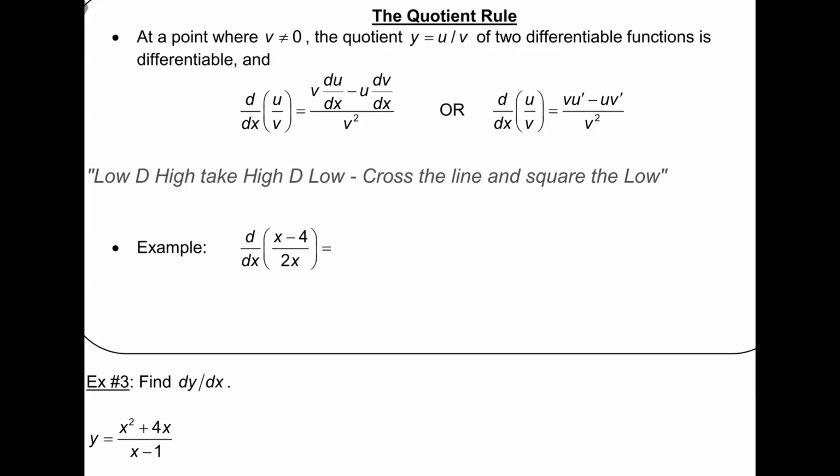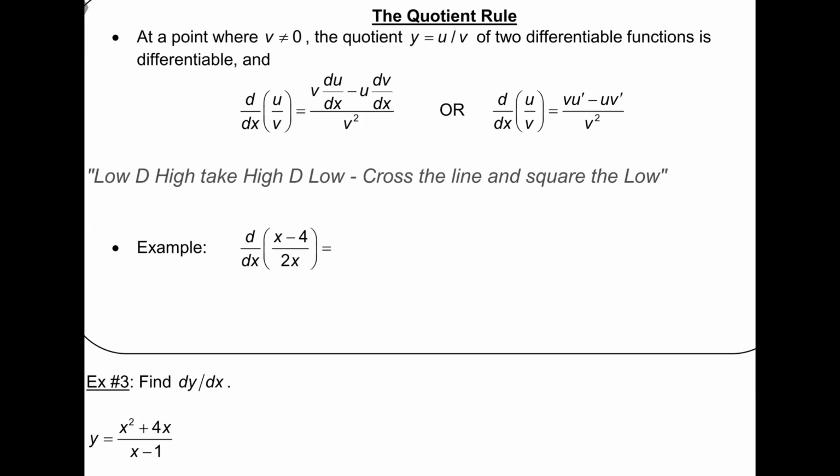All right, so what does this mean? You take the low one, v, times the derivative of u. Then you subtract the top one times the derivative of the bottom, and it's all over the bottom one squared.